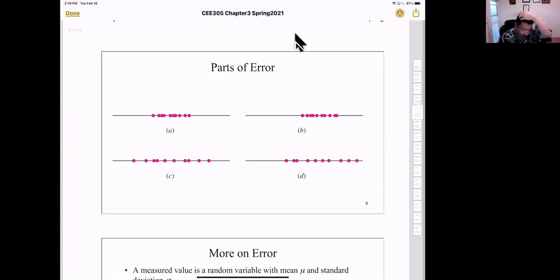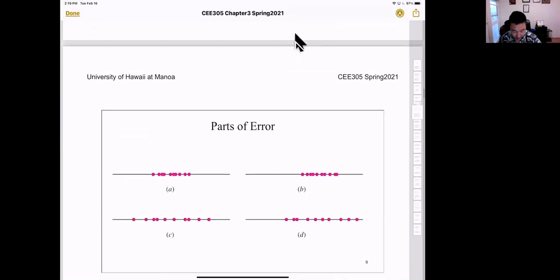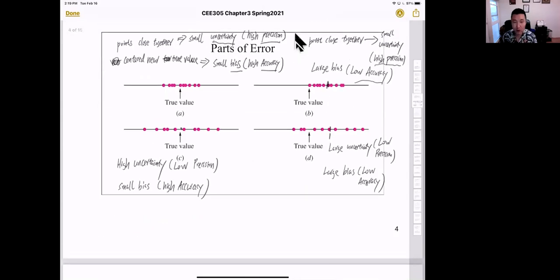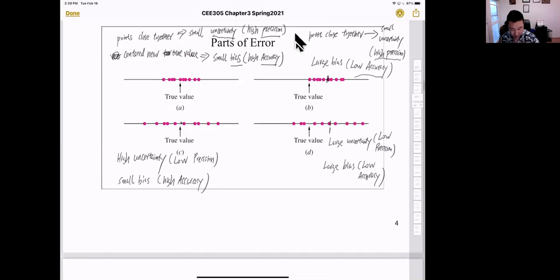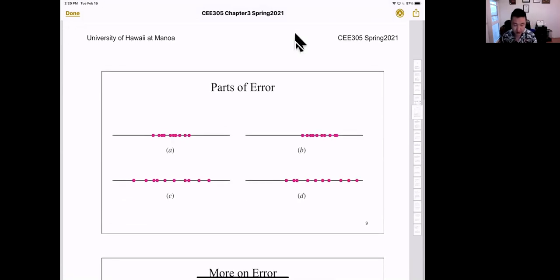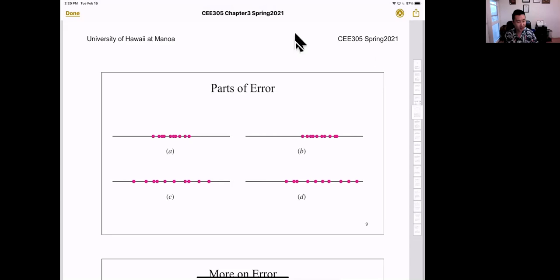Here also has 4 cases. The difference between these 4 cases and the previous 4 cases is we do not know the true value. Okay, here we know the true value, but here we do not know the true value. It is very common. In reality, very often we do not know the true value of our measurement.